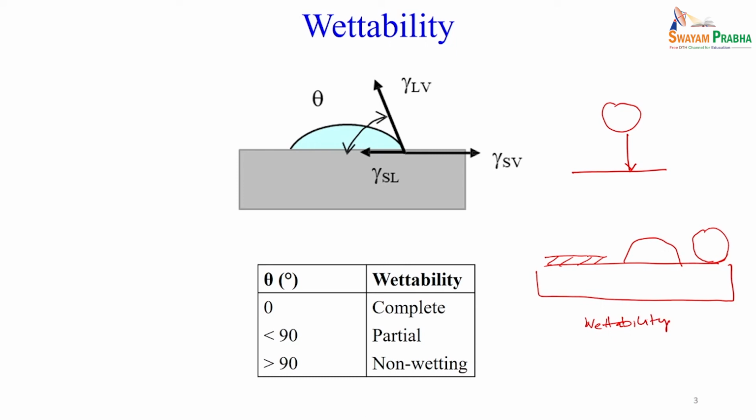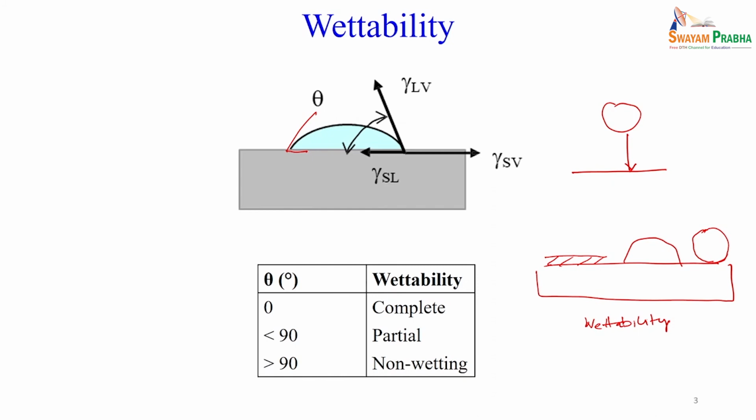Now, if you want to express these phenomena, we can define it in terms of the angle between the surface and the tangent of the liquid when you put a liquid drop. Based on this angle we should be able to define different phenomena happening on the surface. If you see, there are three interfaces here.